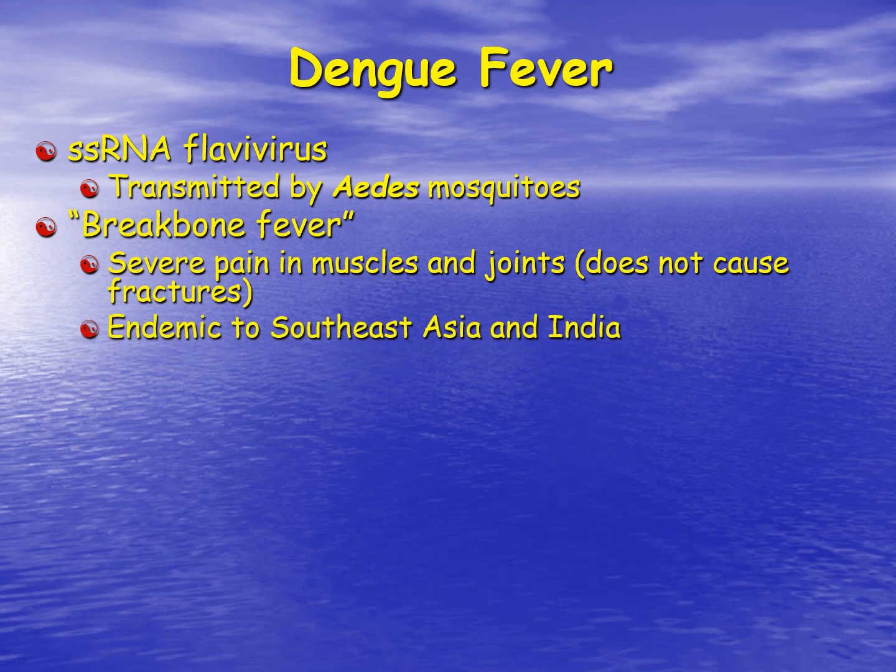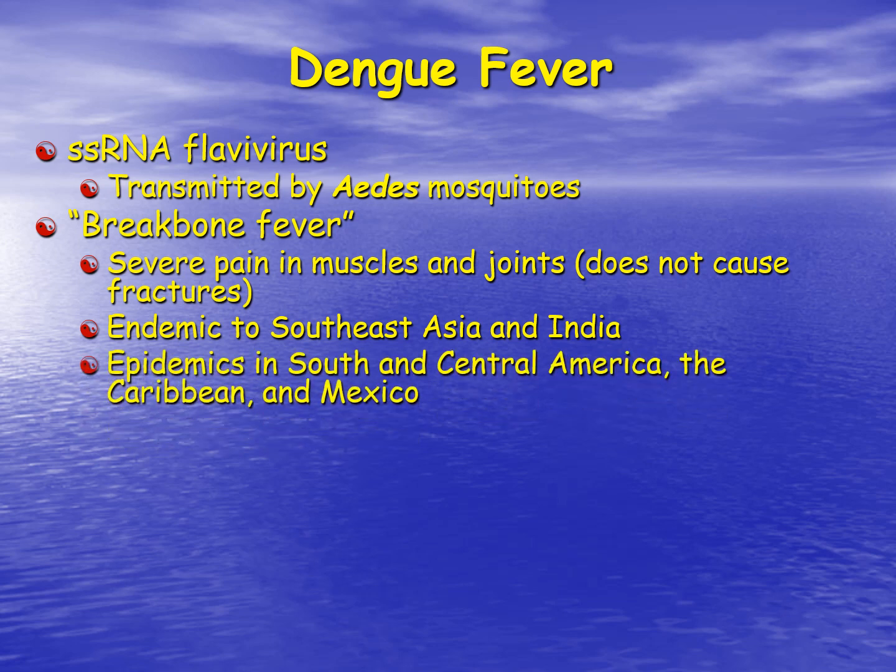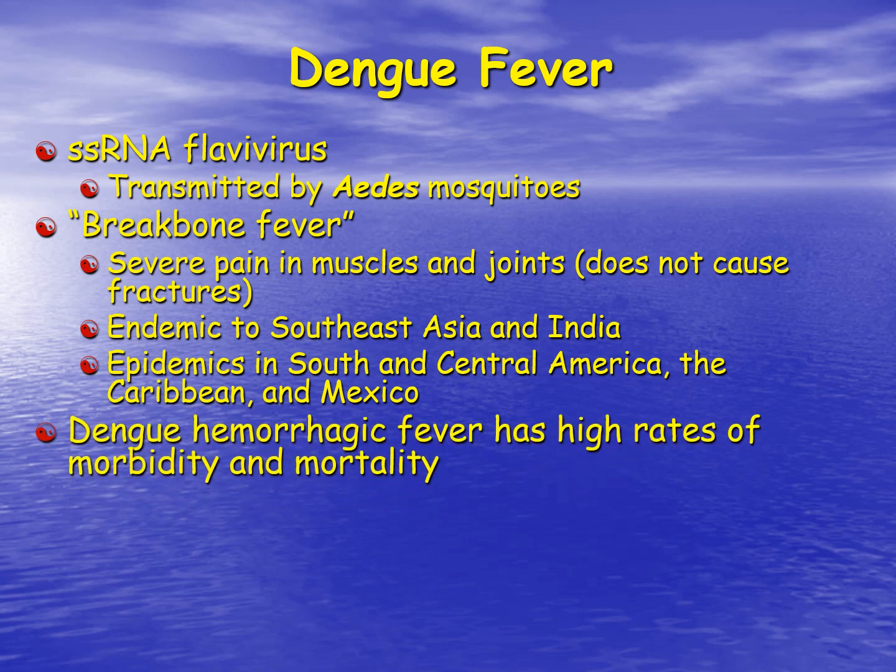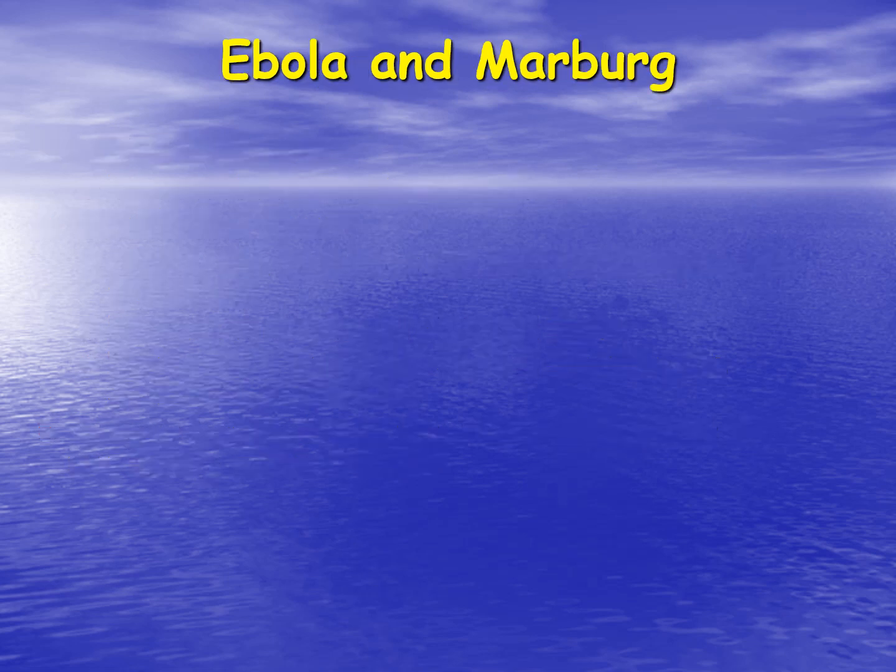This is endemic to Southeast Asia and India because, again, this particular species of Aedes mosquito is primarily found in that region. But we do see epidemics in South and Central America, the Caribbean, and Old Mexico. Dengue fever also carries a high rate of morbidity and mortality.